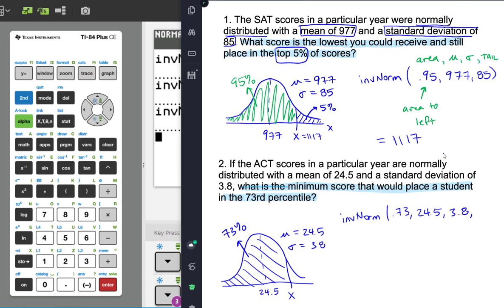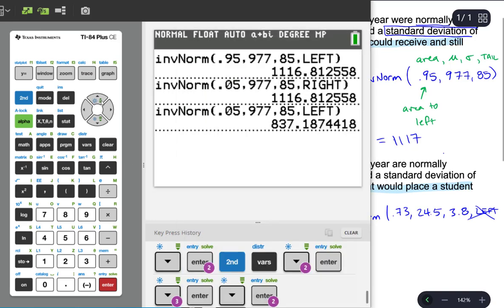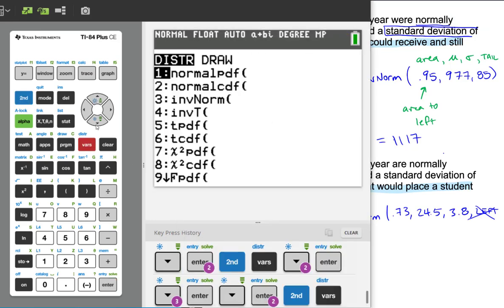If you're using the newer model calculators, the last input, you would make sure you mark it as left. If you have the older models, you won't have that option, but it's going to assume that you're doing area to the left in the first place. So either way is fine. You'll get the correct answer, and let's see what that is.